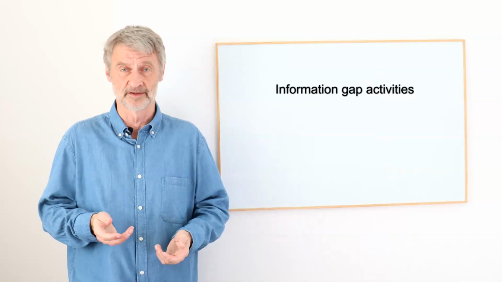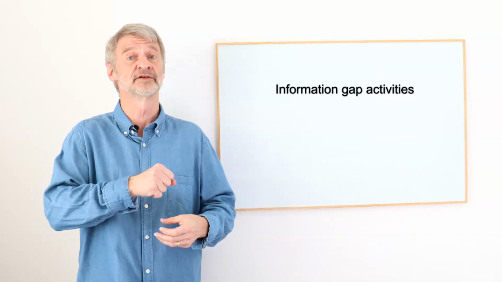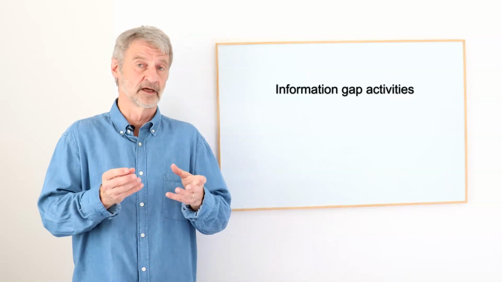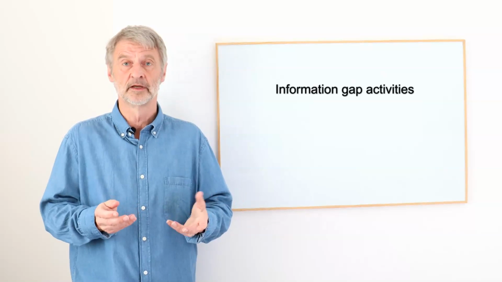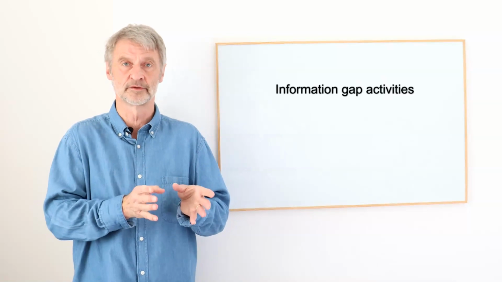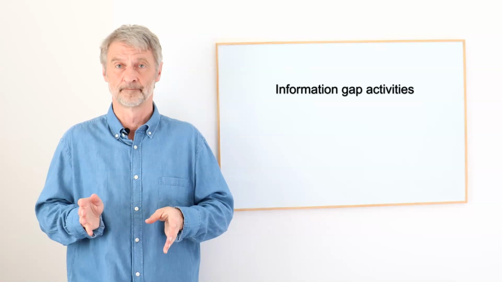Of course he studies English, and of course I know his name. But if you ask them to find out information that they didn't know or couldn't know already, for example, have you ever studied another language, then there is an information gap, hence a reason for students to communicate clearly and to listen to each other.